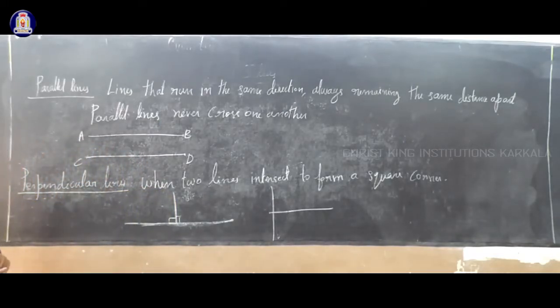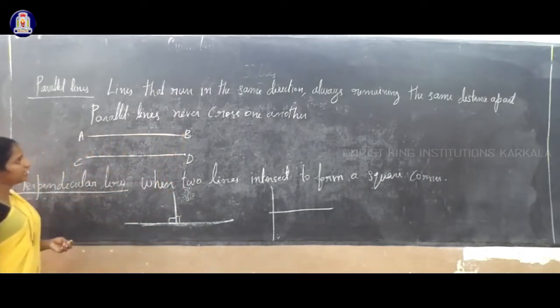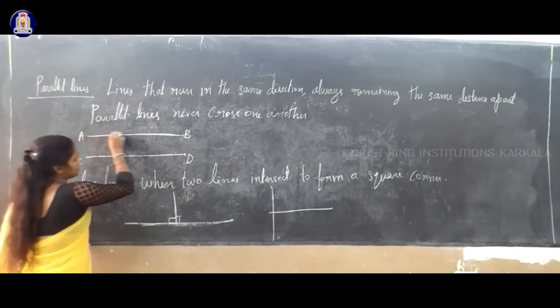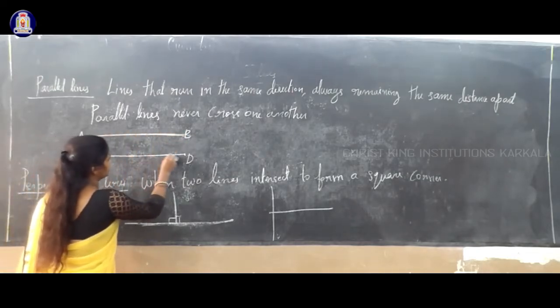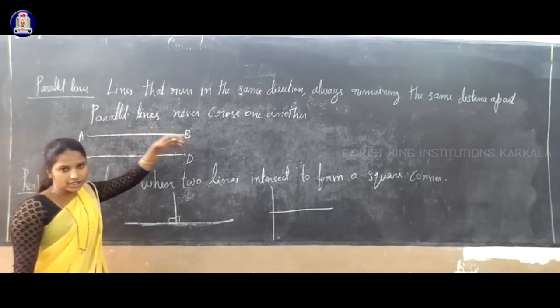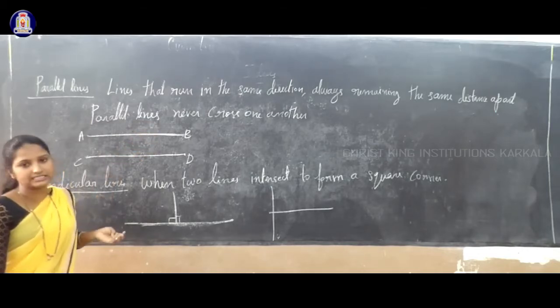Next, parallel lines. You know what a parallel line is? A parallel line means lines that run in the same direction. Two lines are considered, first and second, that run in the same direction, always remaining the same distance apart.